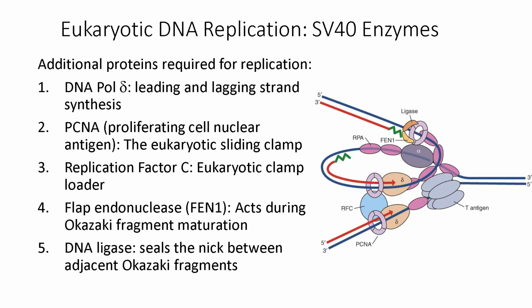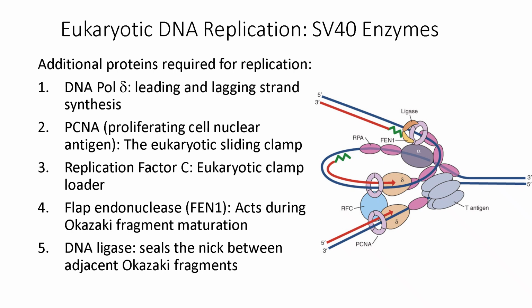Replication in eukaryotes involves a set of coordinated enzymes. DNA polymerase delta carries out the synthesis of both the leading and lagging strands. PCNA, the proliferating cell nuclear antigen, acts as the sliding clamp, holding the polymerase on the DNA.